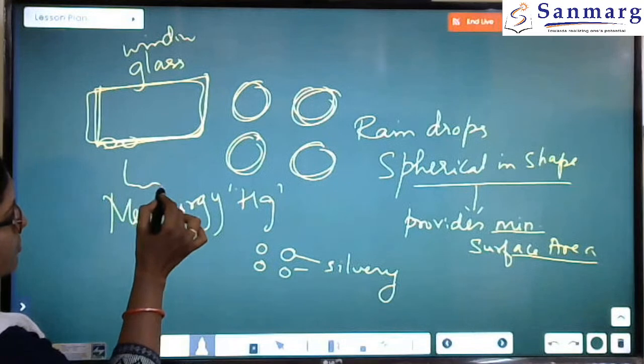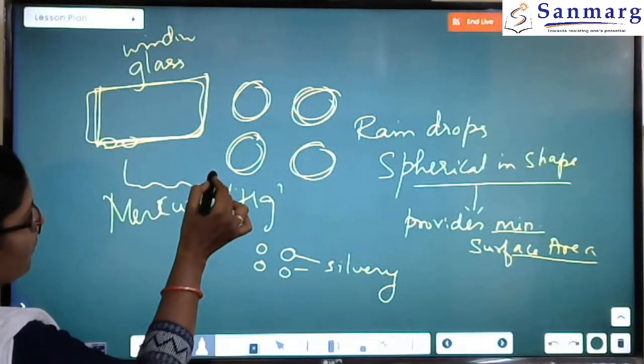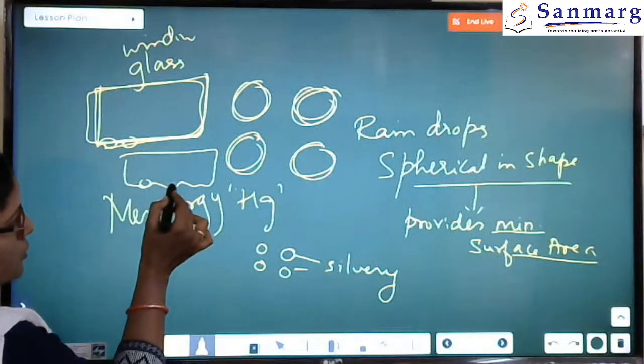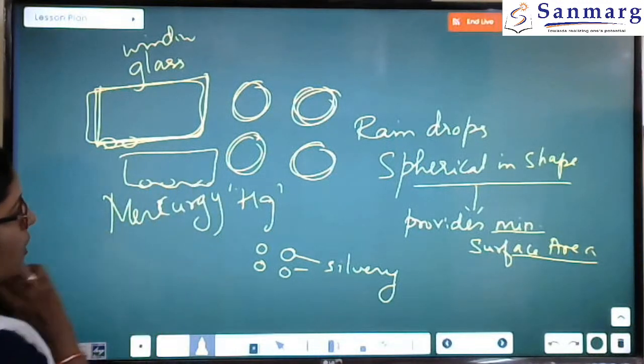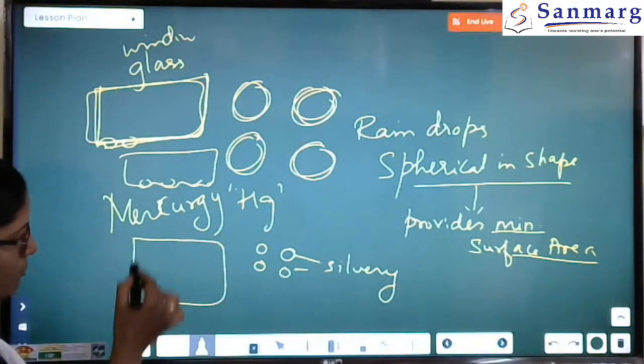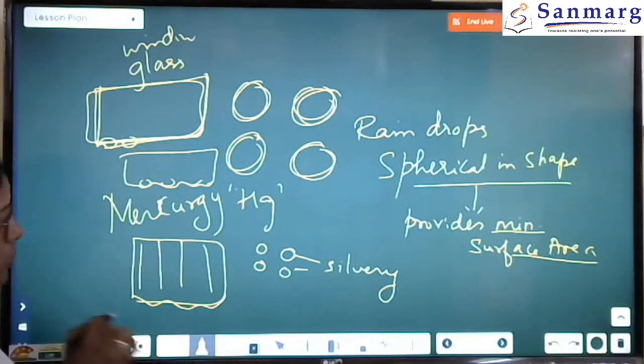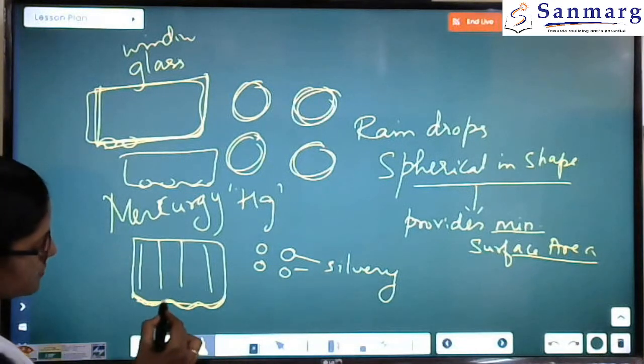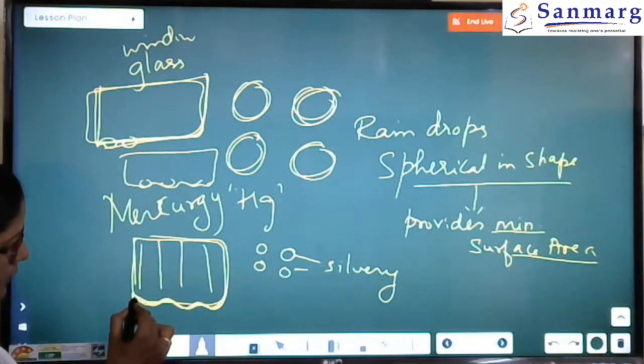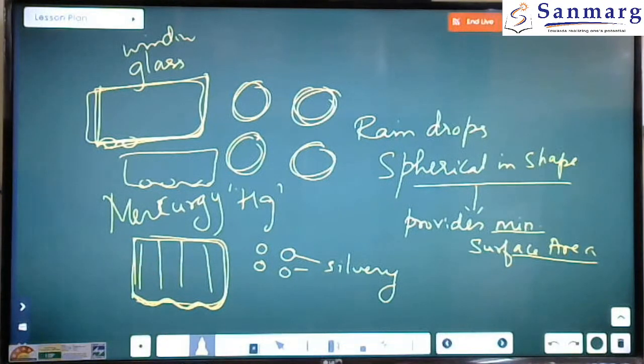Observe carefully, it is a spherical bulge. After cooling, the liquid flows and bulges like this, so glass edges are bulged. That is again to minimize the surface area. Okay, so this was about surface tension and surface energy.